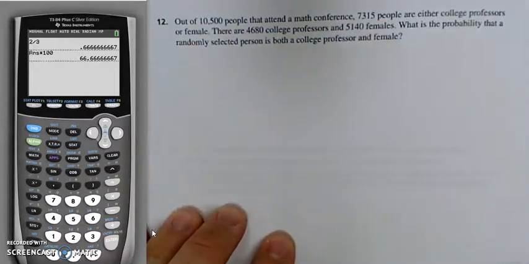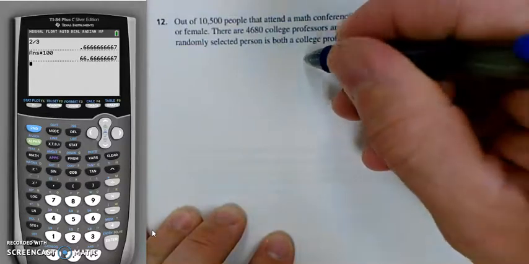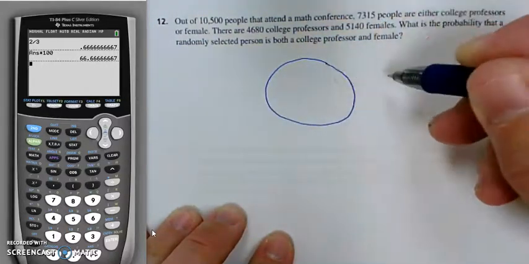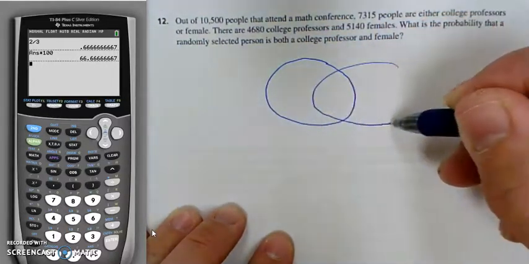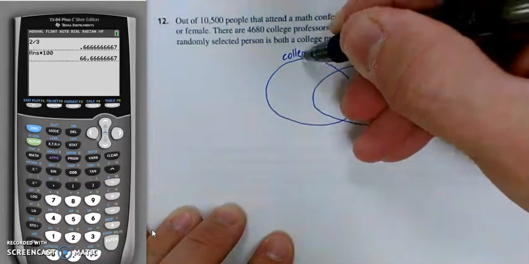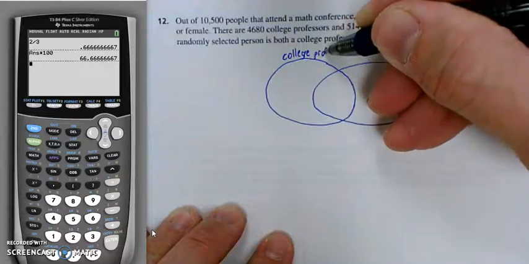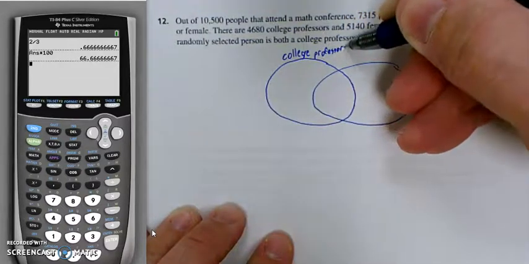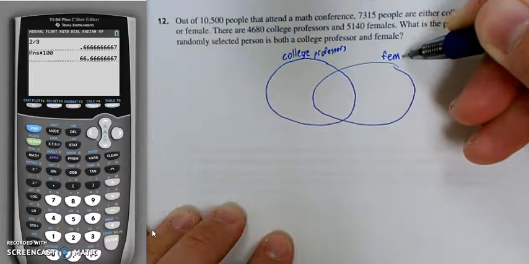To do this, you can use a Venn diagram or a two-way table. Either one's appropriate. So I'm just going to make one group my college professors, and my other group the females.